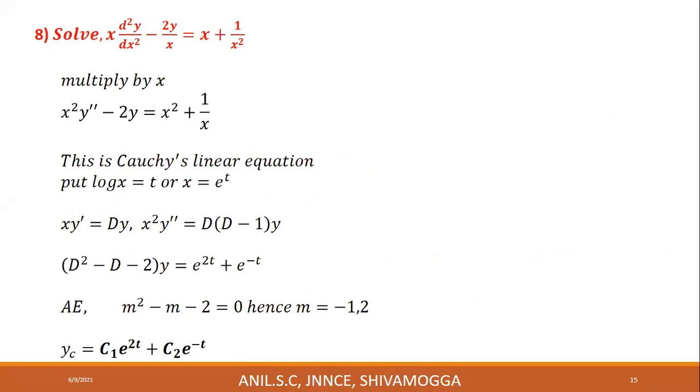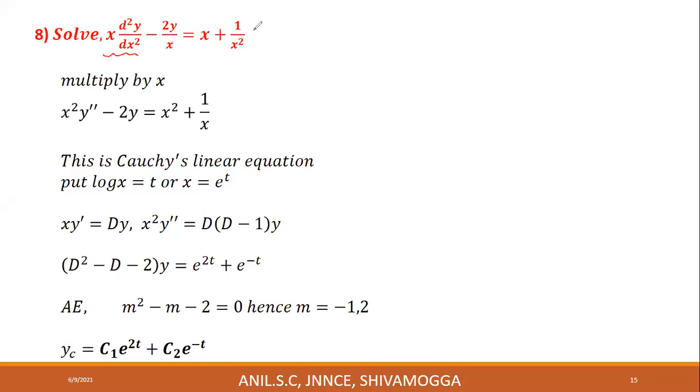Solve x into d square y by dx square minus 2y divided by x is equal to x plus 1 by x square. Is this a linear equation? This is not a linear equation because the coefficient of d square y by dx square must be x square.